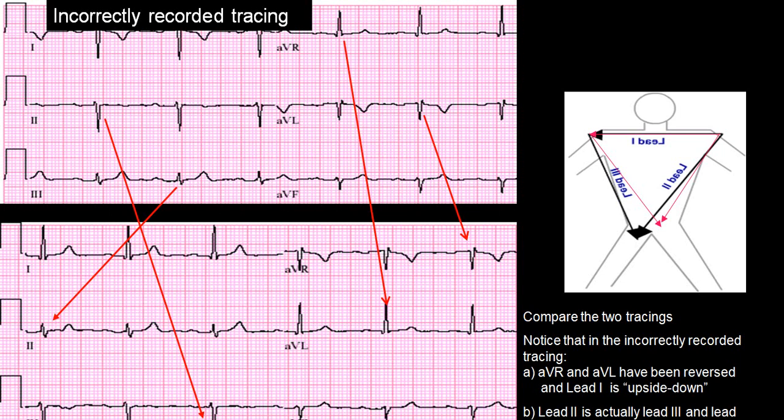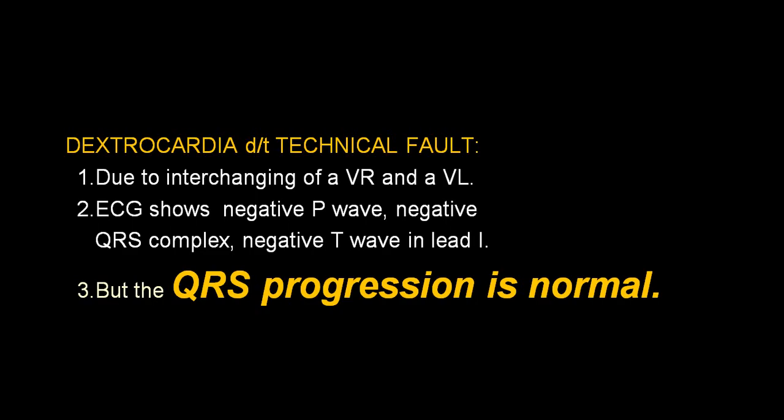So you can easily understand. Whenever limb reversal takes place, it will give rise to technical dextrocardia. So AVR and AVL are interchanged, and lead 2 and lead 3 are interchanged. That I already told you.